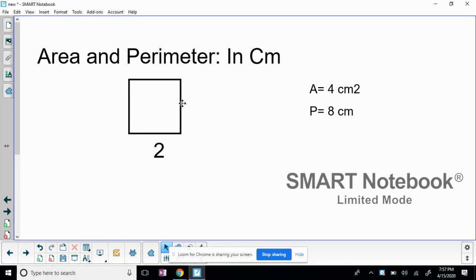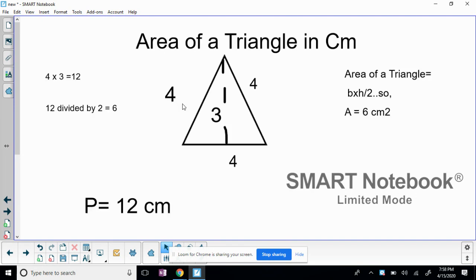So now we go on to where it changes. We know the formula for perimeter, adding up the sides. We know the area of a rectangle, area of a square is base times height. But if you get a triangle, we add a step. So think of it this way. We start with the perimeter, 4, 8, 12, the distance around, it's still 12 centimeters.